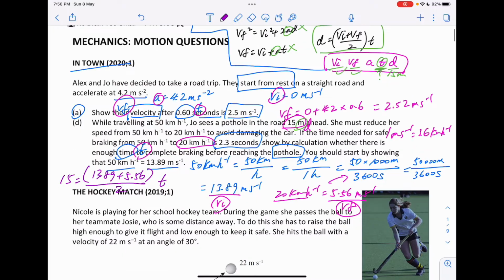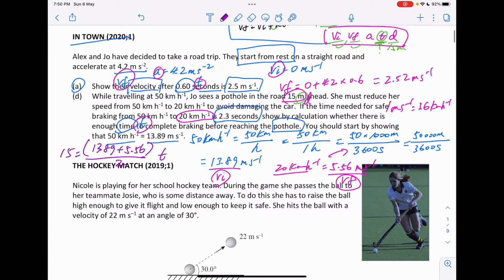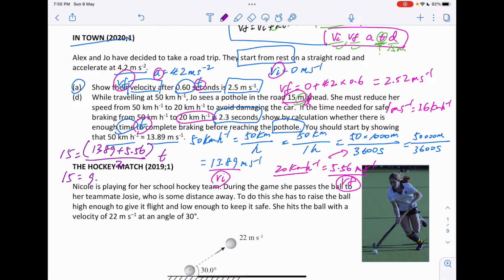So now what do we have? We have 15 equals 13.89 plus 5.56, so I'm going to use the calculator, divided by 2. So that is 9.725 t. So t equals 15 over 9.725.